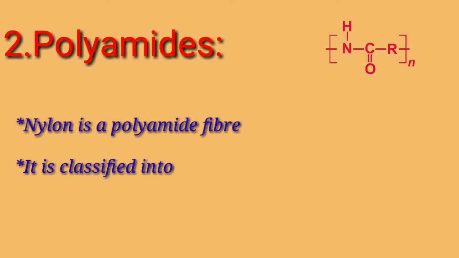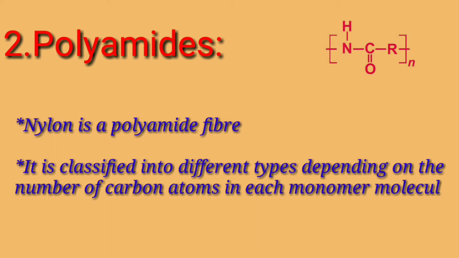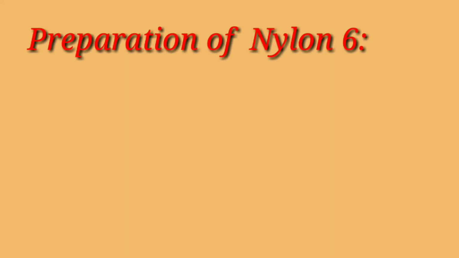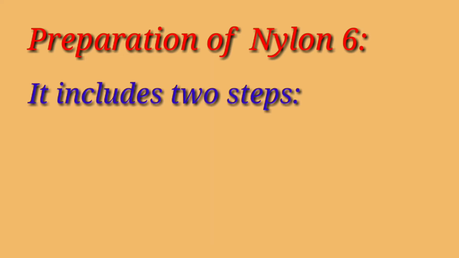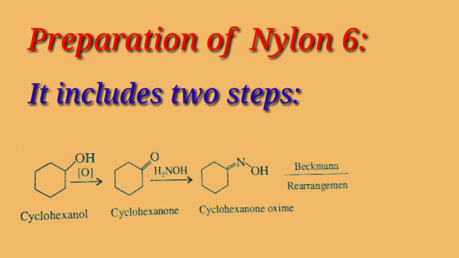Second is polyamides. Nylon is a polyamide fiber. It is classified into different types depending on the number of carbon atoms in each monomer molecule. Now, let us see the preparation of nylon 6. It includes two steps. First step is cyclohexanol is first oxidized to cyclohexanone.